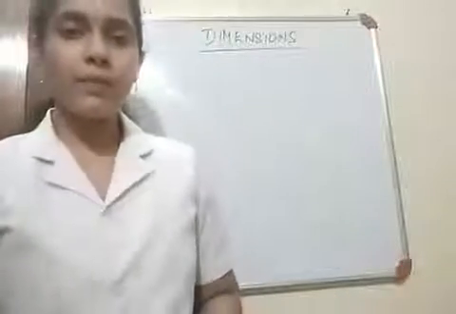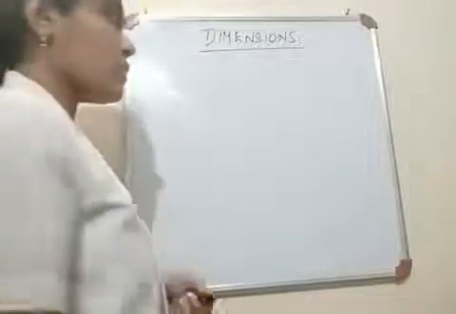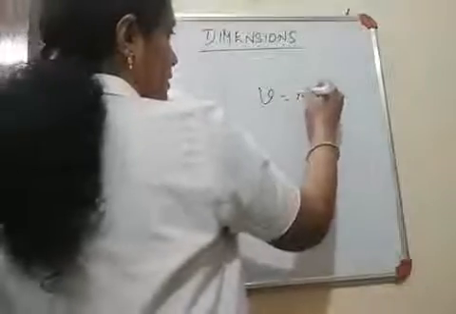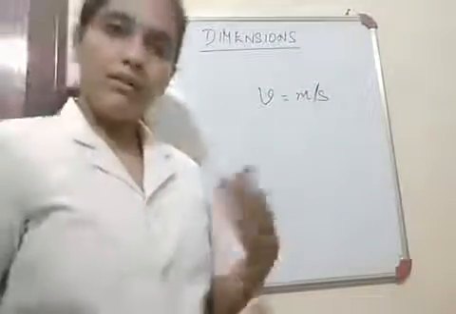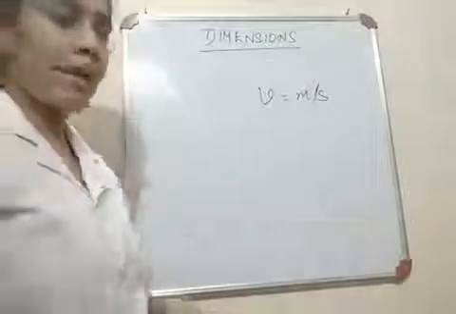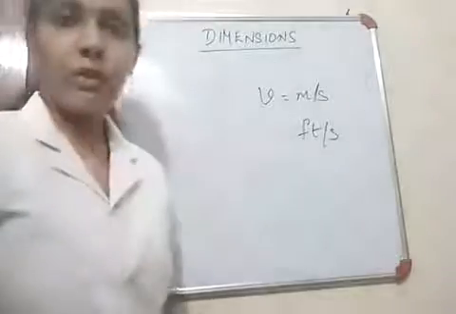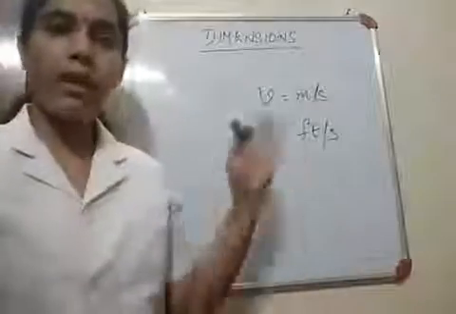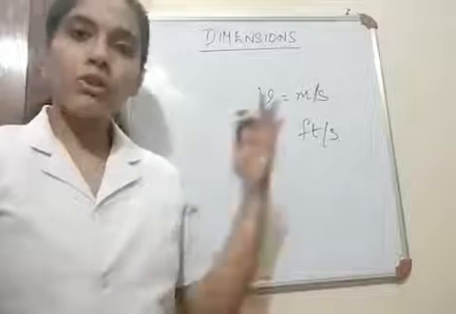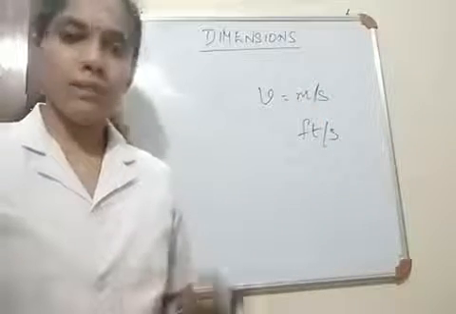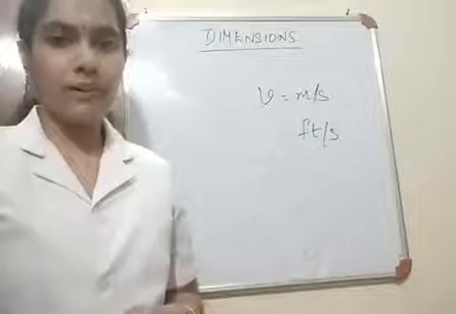If I express the velocity of a vehicle, I will say velocity V is meter per second. But my friend in the US may express it as feet per second. He may understand only this unit. So both of these units are the same kind of thing, but it's not universal.